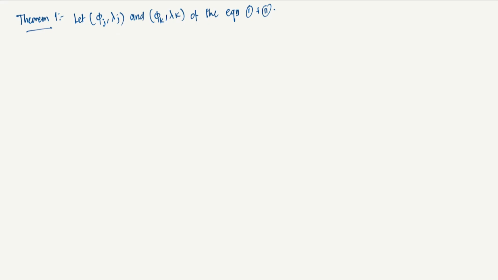Then see this phi j. We want to see what is the relation between this phi j and this phi k. Then phi j and phi k are orthogonal to each other, with respect to the weight function.